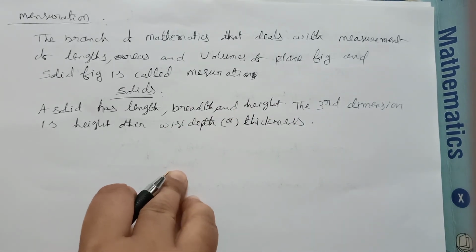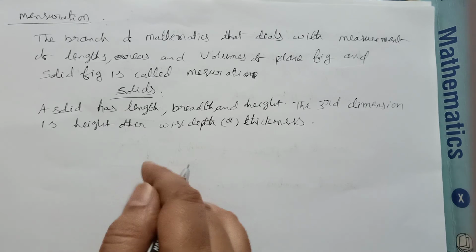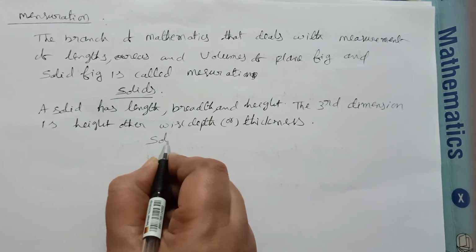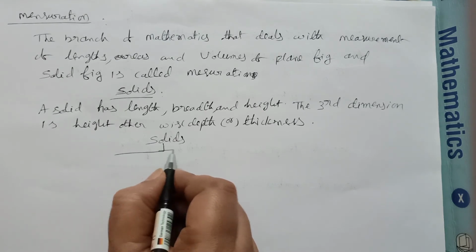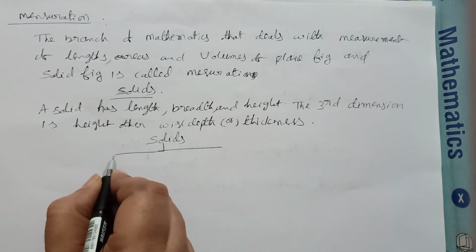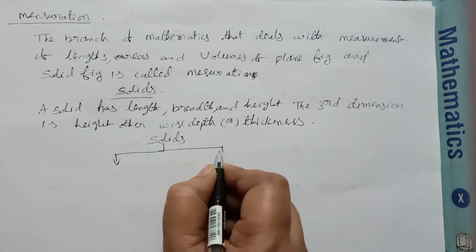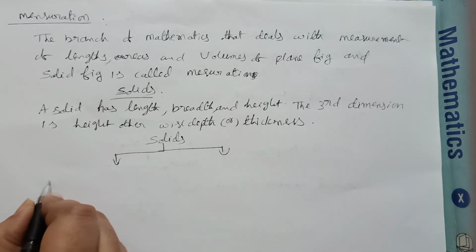Basically, solids are divided into two types: regular solids and irregular solids.